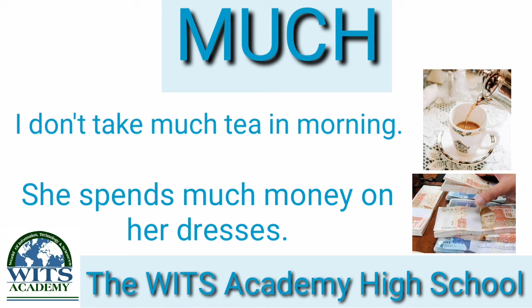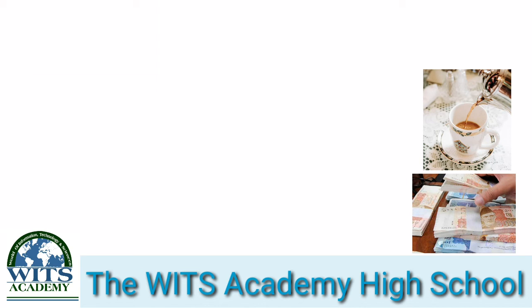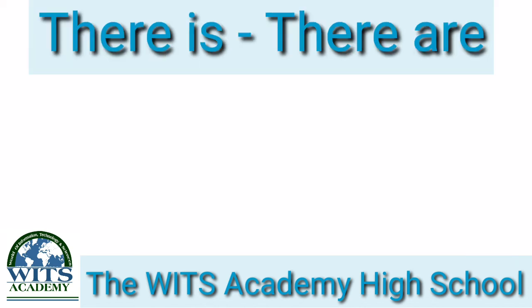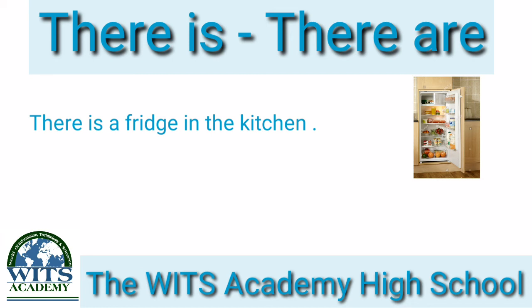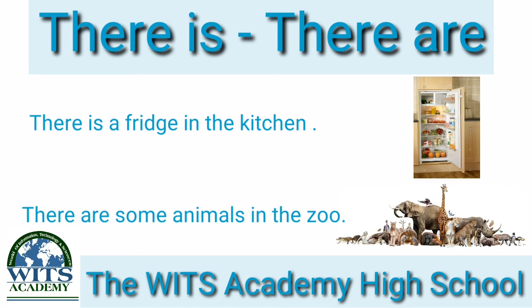Okay, students? Now, our today's last use is there is and there are. Students, let me tell you when to use there is and when to use there are. Look, there is a fridge in the kitchen. And there are some animals in the zoo.